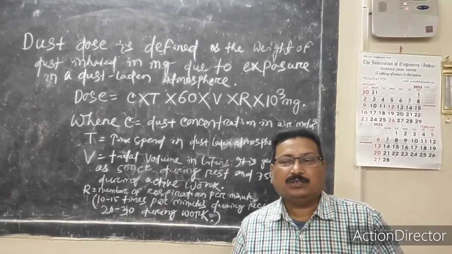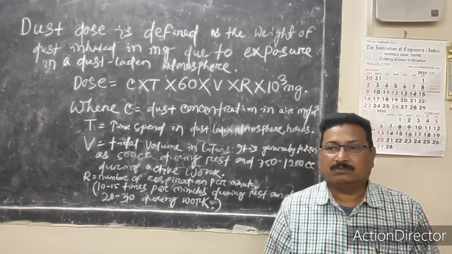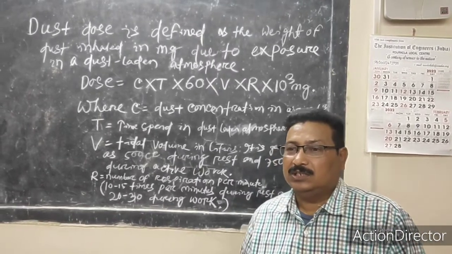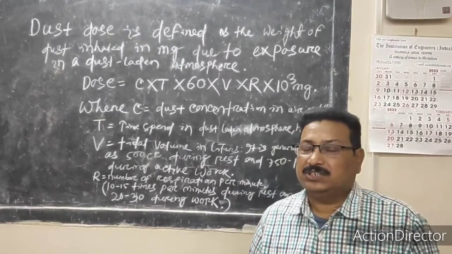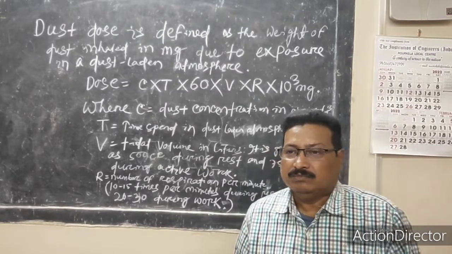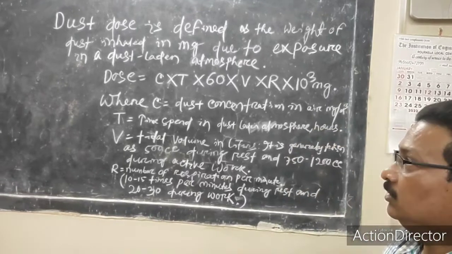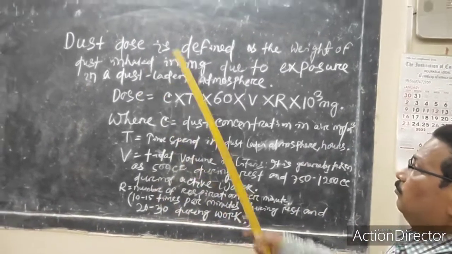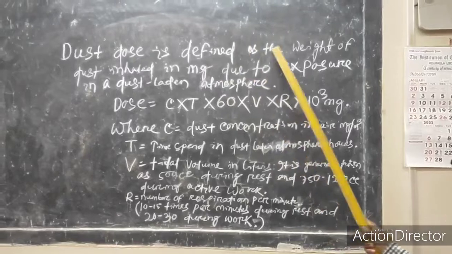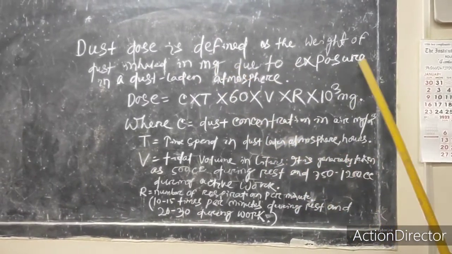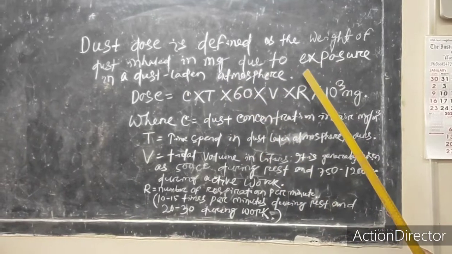The application of the dust sampler, that is the personal dust sampler, model 800, is basically for determination of the dust dose. What is the dust dose? You see, look into the blackboard. Dust dose is defined as the weight of dust inhaled in milligram due to exposure in a dust-laden atmosphere.